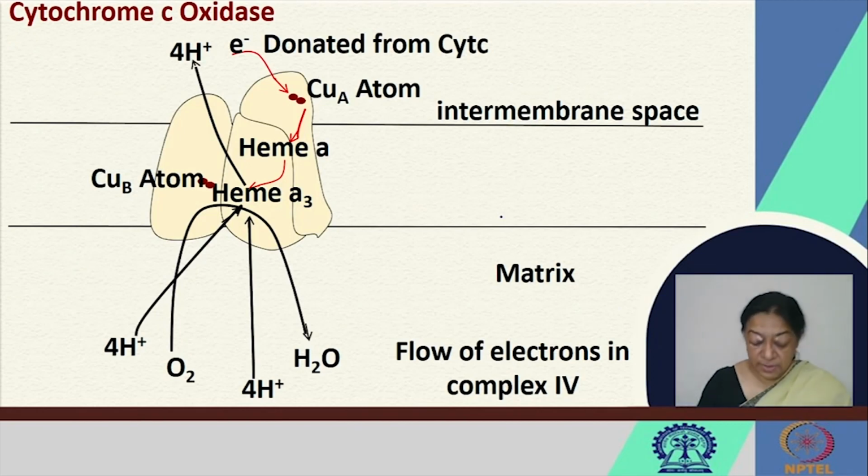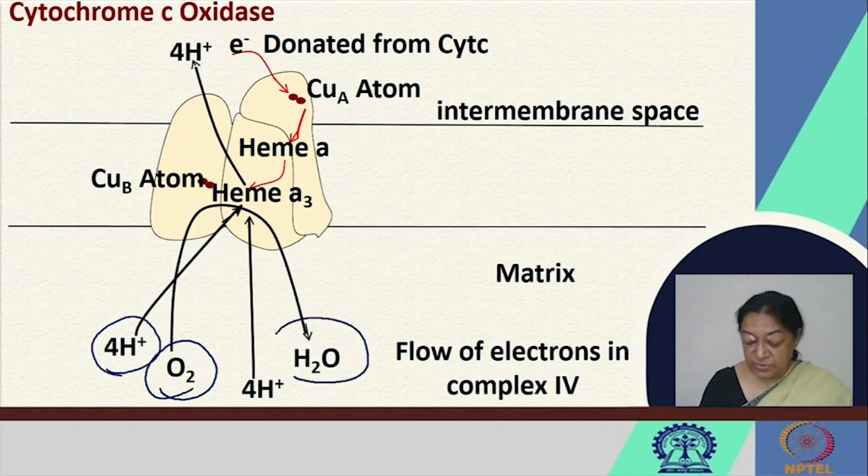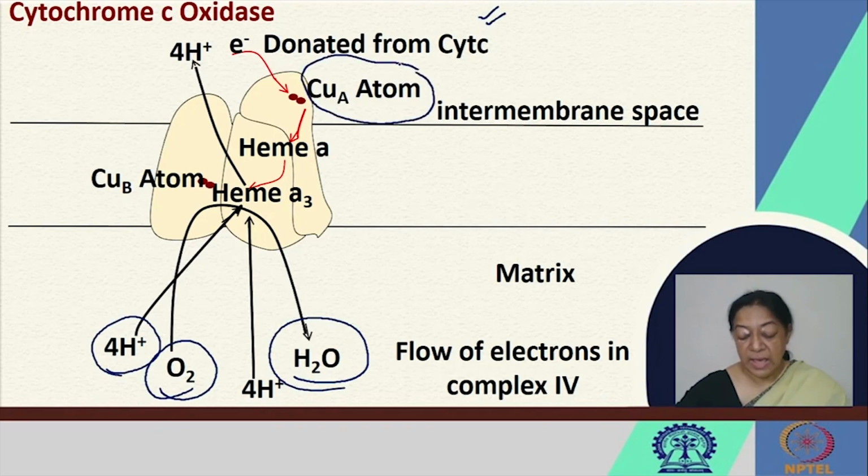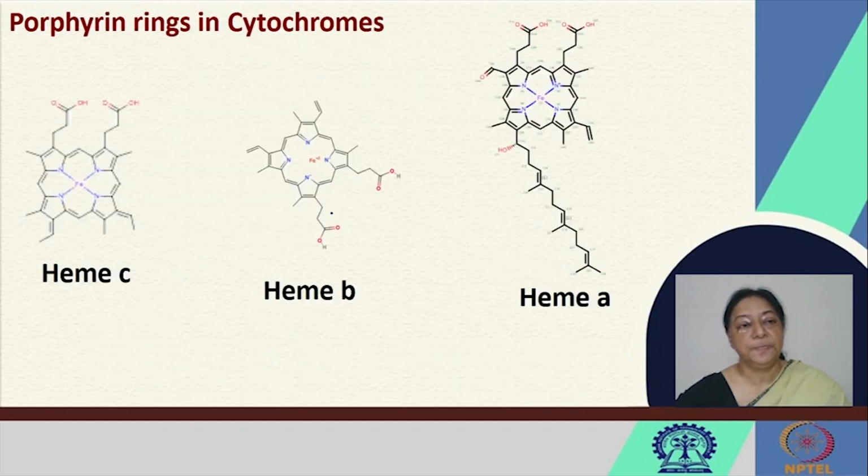Then we have the oxygen, the protons, and finally the electron transfer that is going to lead to the formation of water. The electrons donated from the cytochrome C come through the copper system, and we have the 2 hemes associated with this protein in the inner membrane of the mitochondria.